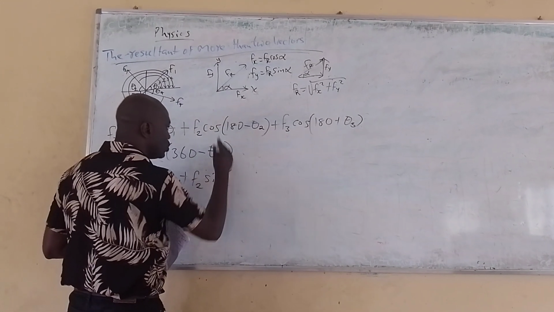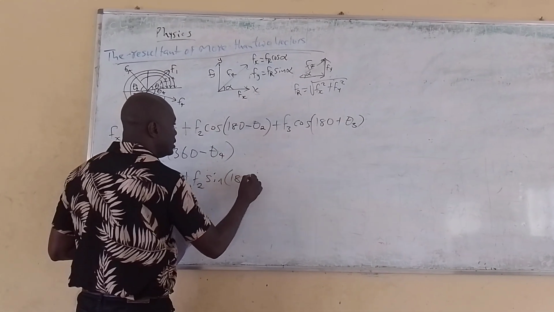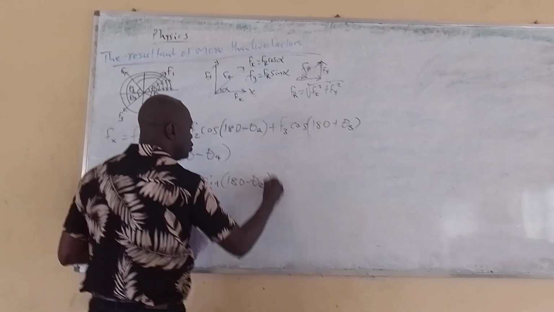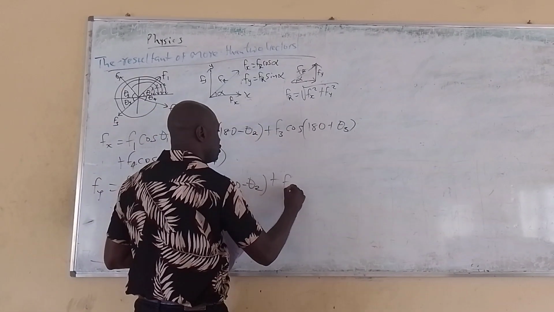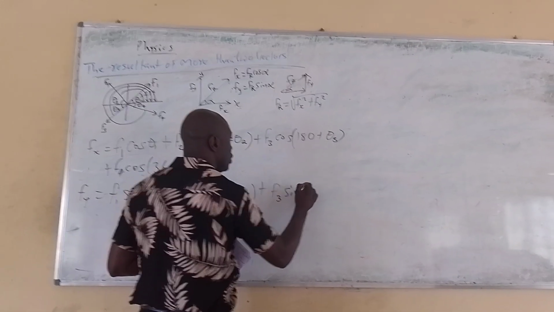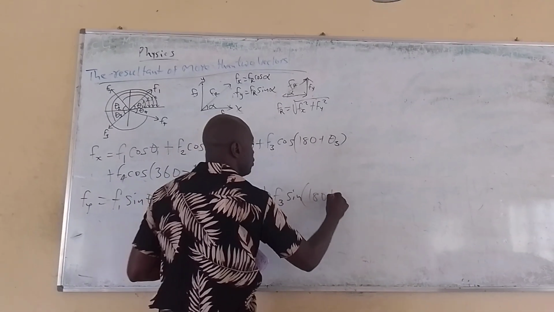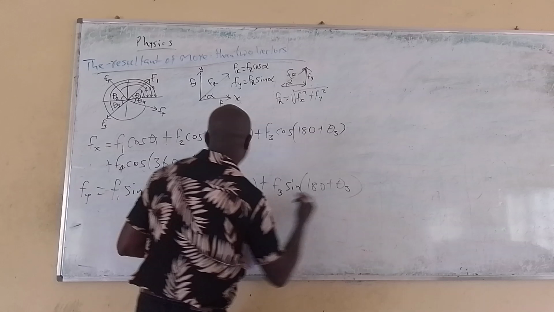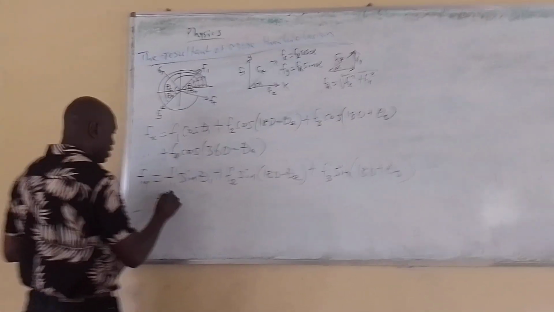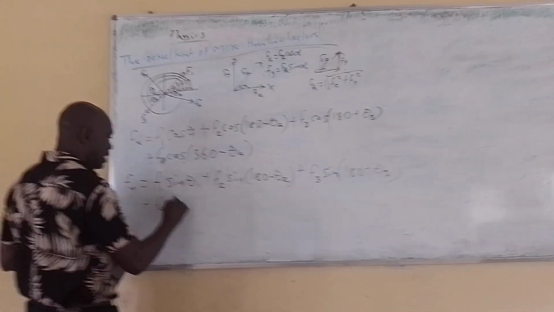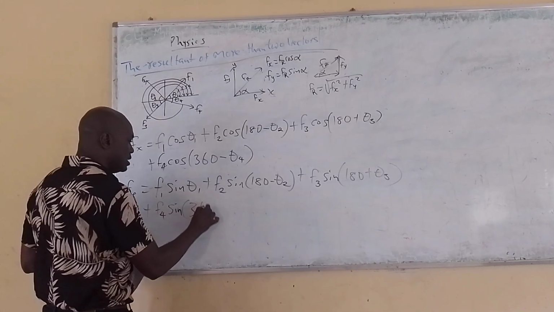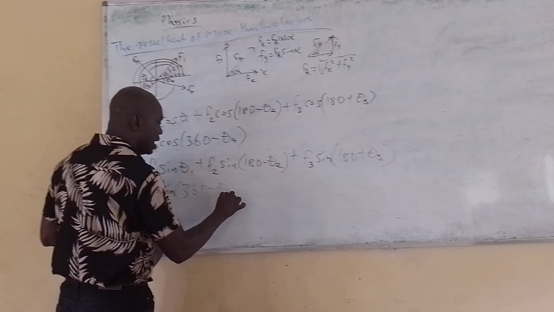Sine, this one is going to be 180 minus theta 2 plus f of 3 sine in bracket 180 plus theta 3 plus f of 4 sine in bracket 360 minus theta 4.